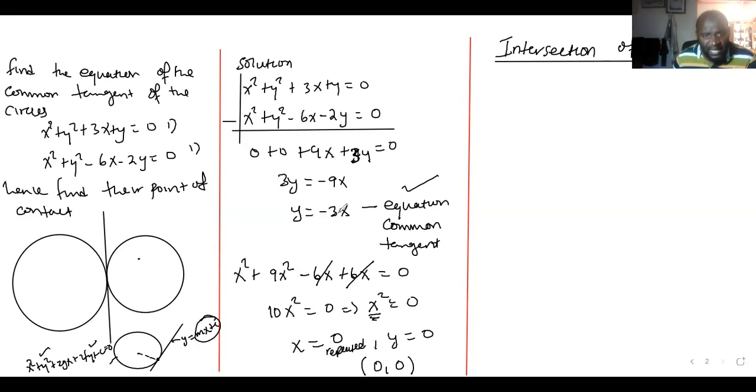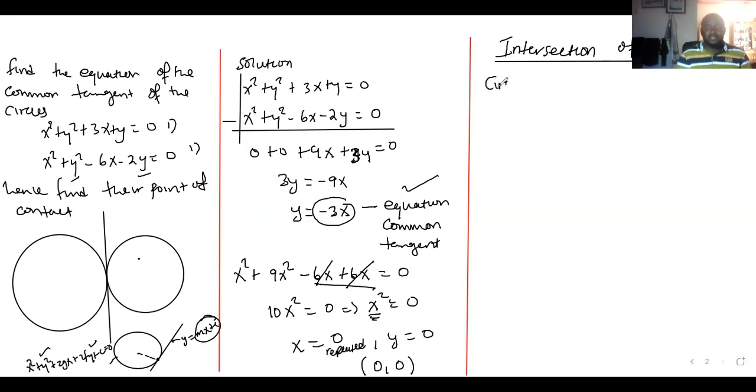So I took the negative 3x, substituted it there, and got that result. The same knowledge comes back to intersection. Hope I've made myself clear.